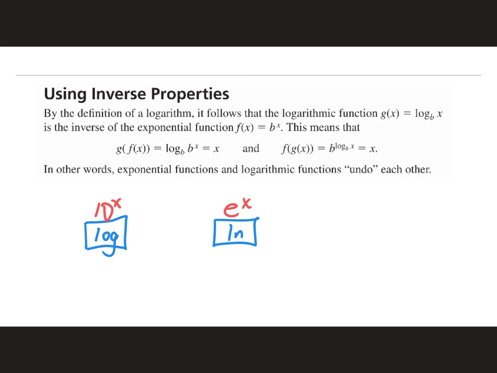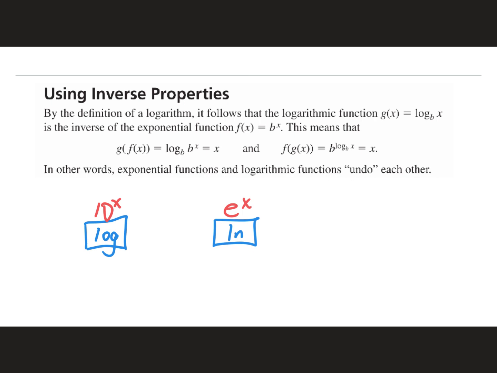Inverse means opposite. So what's the inverse of addition? Subtraction. Inverse of multiplication? Inverse of squaring a number? Taking the square root. Whenever we're solving and trying to undo something, we do the inverse. Same thing's going to happen here.